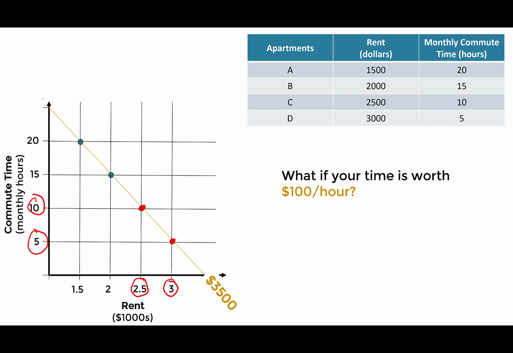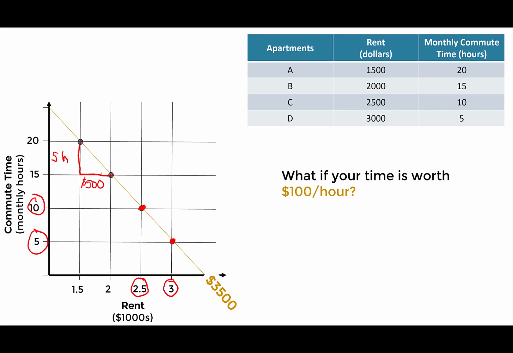One of the properties of this line, if we come up here to the top left and look at it, is let's just take from here to here. Let's measure the slope of this line. We have 5 hours difference, and we also have $500 difference. So you can see the slope of the line is $100 per hour.